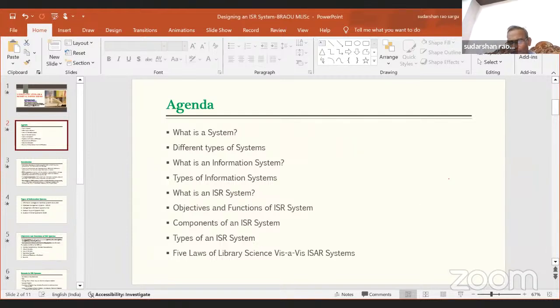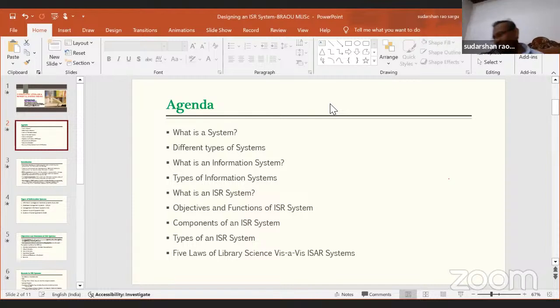Now, before we try to learn about information retrieval or storage and retrieval system, you should know what the system means. You have a blood circulation system. You have a digestive system. You have an education system.